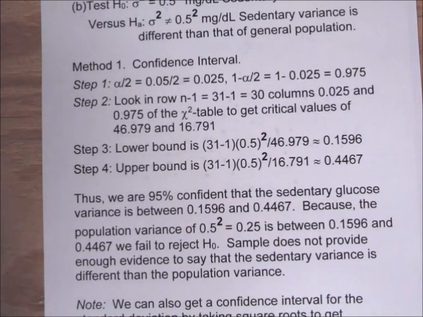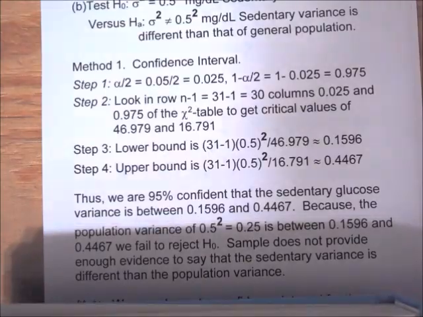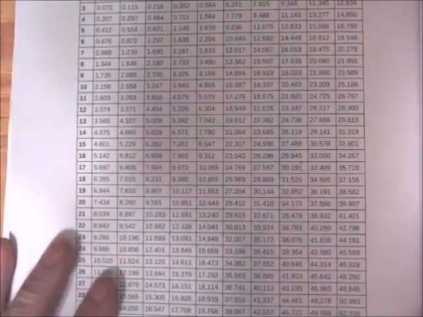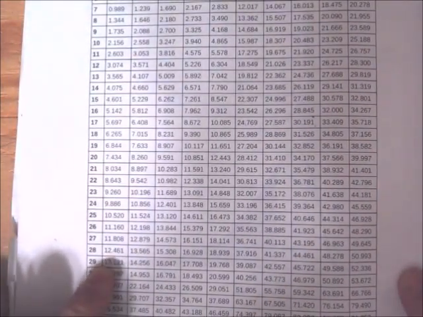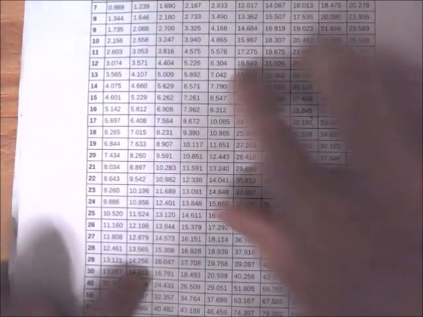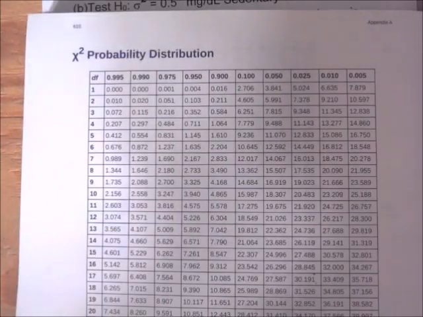So that's the chi-square table. Let me pull up that table here. So that's row 30. It's a little hard to see the column numbers, since the column headings don't really fit on the page here.